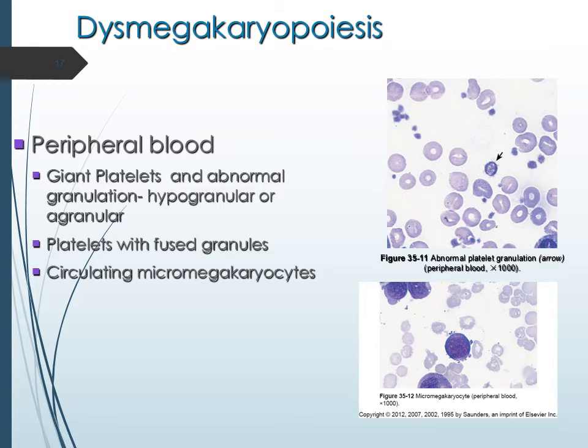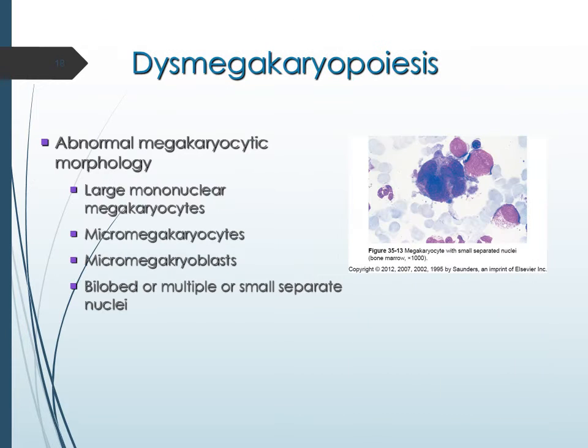Some platelets contain large fused granules. In the bone marrow, the megakaryocytes show abnormal morphology, as we can see here. Large mononuclear megakaryocytes, micromegakaryocytes, and megakaryoblasts.